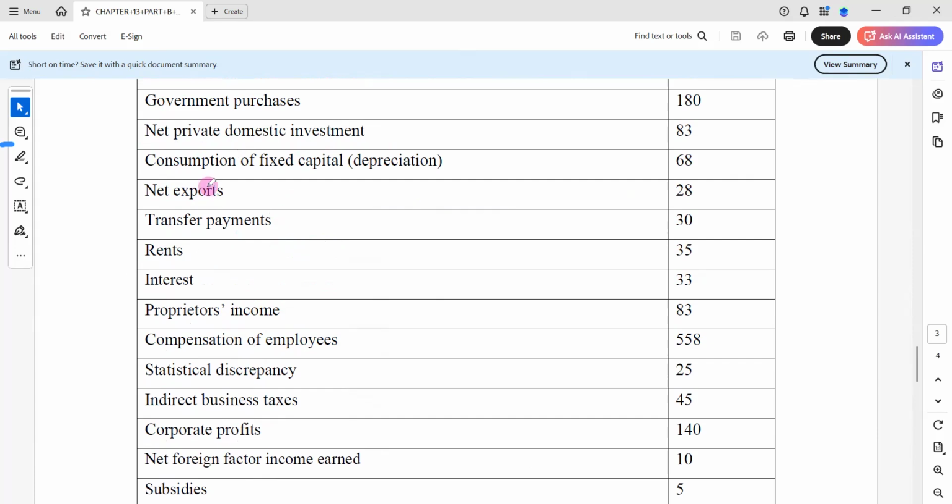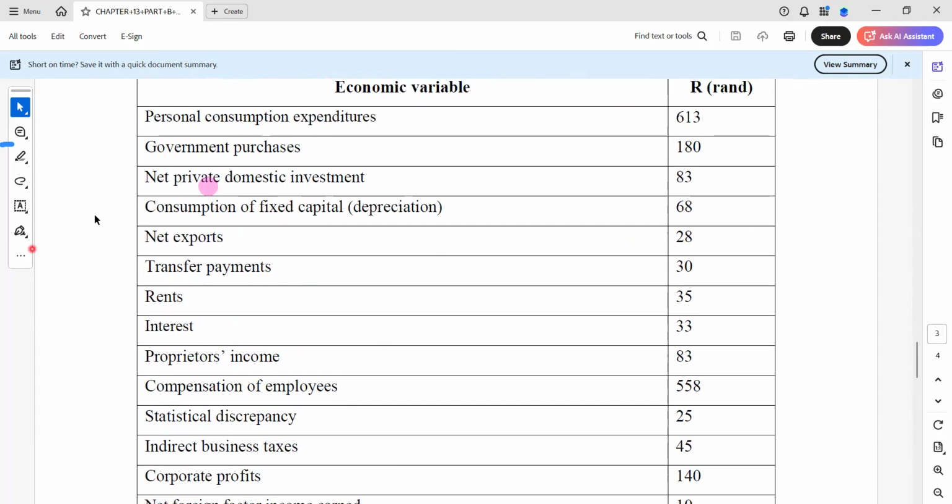for the income method, you're going to say all the incomes. Personal consumption, this is expenditure. Rent, this is the income. There's going to be 35, interest 33, proprietors income, compensation of employees, these are wages, statistical discrepancies, indirect taxes, corporate profit, this is a profit.